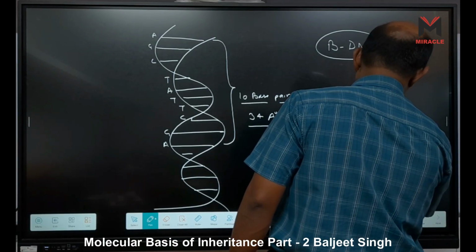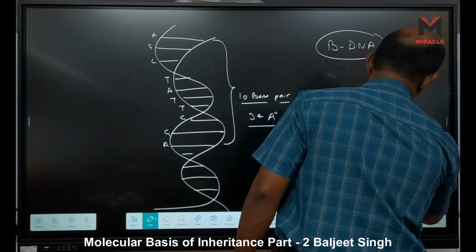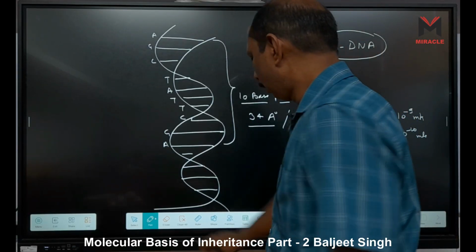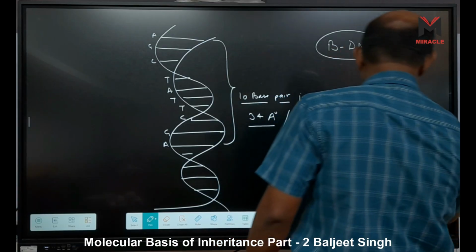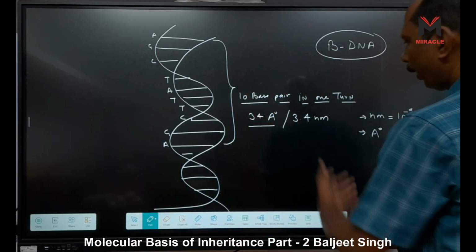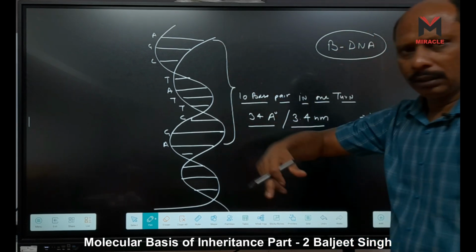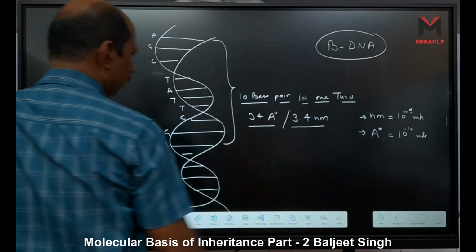And an angstrom is equal to 10 power minus 10 meters, right? That's why here it is 34 angstrom or 3.4 nanometer. It is the length of one turn, right? Because 10 base pairs are present.